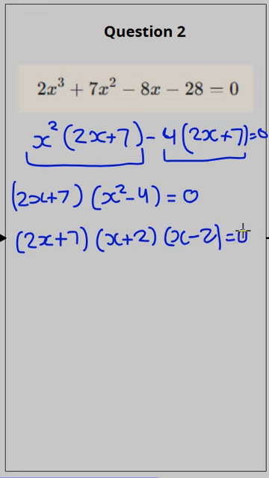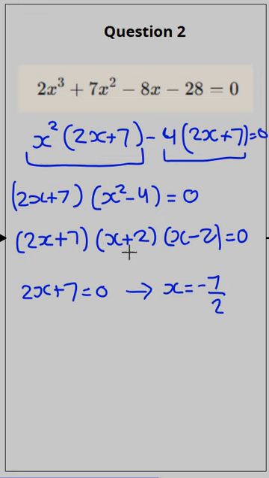equals 0. So from here you will get 2x plus 7 equals 0, right? So if you put 2x plus 7 equals 0, from here you will get x equals minus 7 over 2.